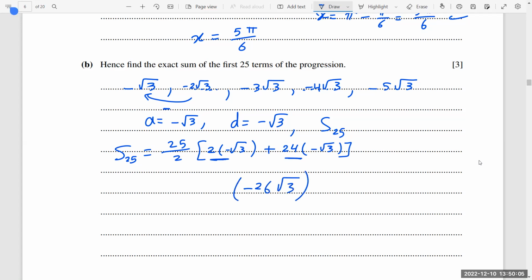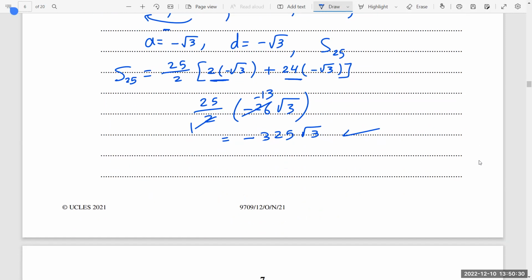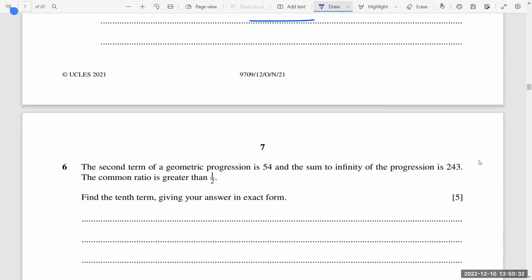This value is multiplied by 25 over 2. Simplified, divided by 2 and divided by 2, negative 13. Just multiply 25 by negative 13. 25 times negative 13 gives you negative 325 radical 3. That's very easy. Just keep the answer in surd form. It's better because it's the exact value.